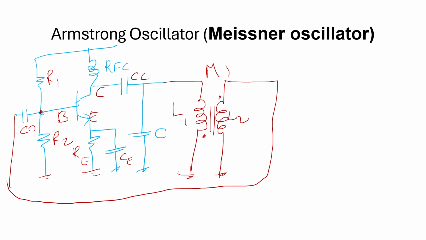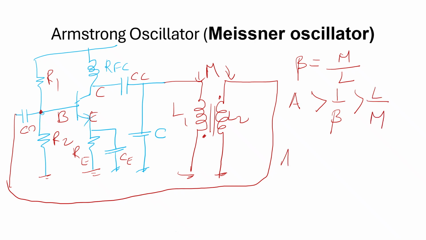So mutual inductance happens between the two coils L1 and L2, thus acting as a transformer section, L1 being the primary and L2 being the secondary. So beta is the feedback fraction, given by mutual inductance divided by the inductance of the circuit. If the gain is greater than 1 by beta, where beta is the feedback ratio given by M by L, the minimum gain A minimum is equal to L by M.